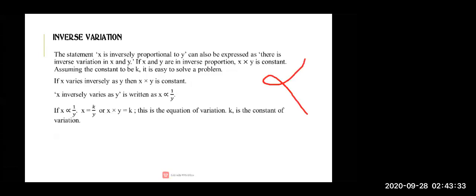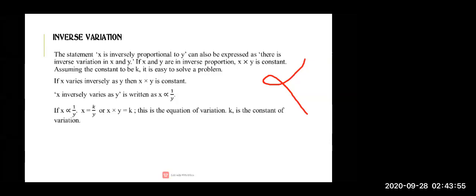This is the alpha symbol, or we can say variation. Now, the statement x is inversely proportional to y, so we can express that as inverse variation in x and y.